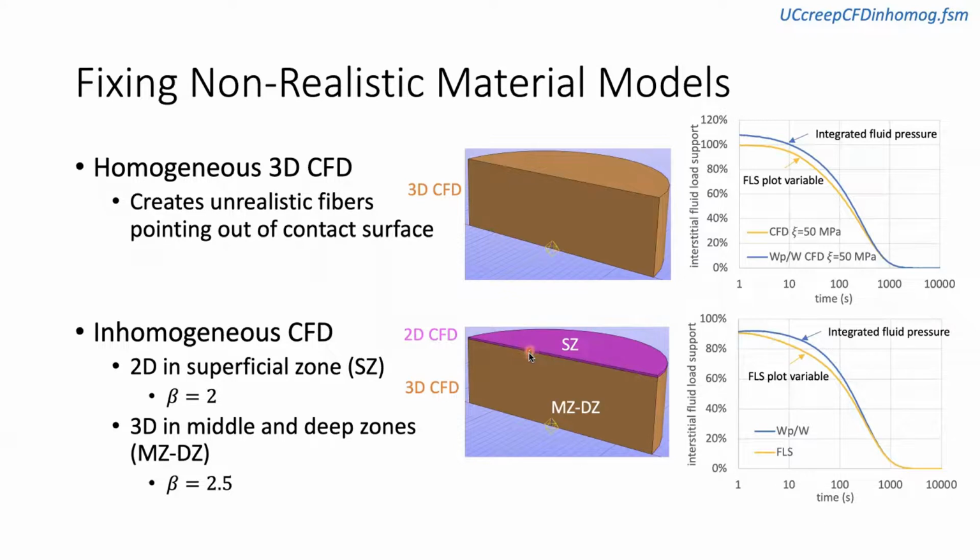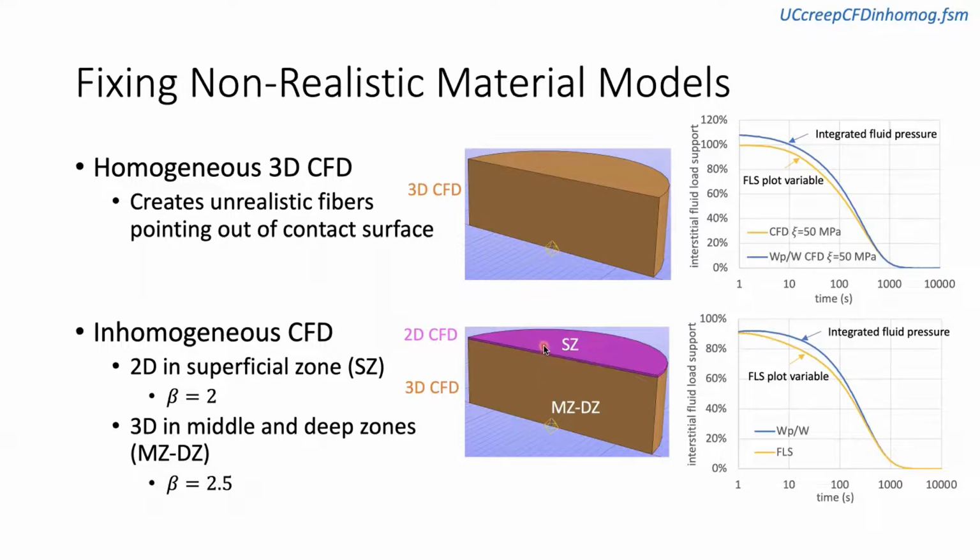But if this zone is relatively narrow, as is shown here, actually it's not enough to just pick the planar fiber distribution. You also need to increase the toe region of the continuous fiber distribution, because the high fluid pressure right underneath this two-dimensional fiber distribution will bleed into the two-dimensional fiber distribution.